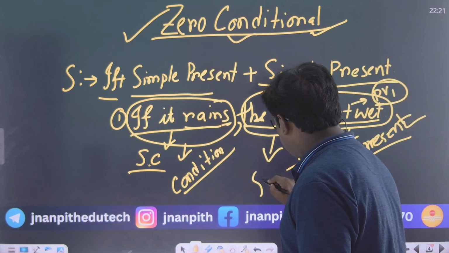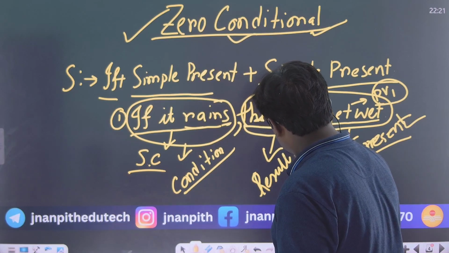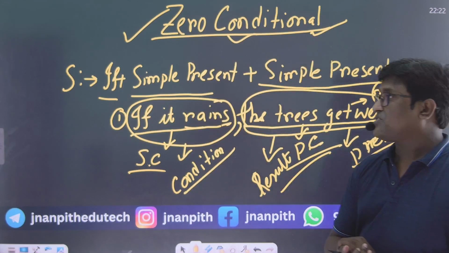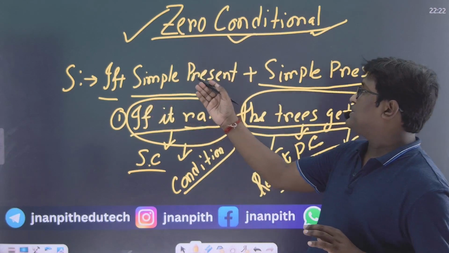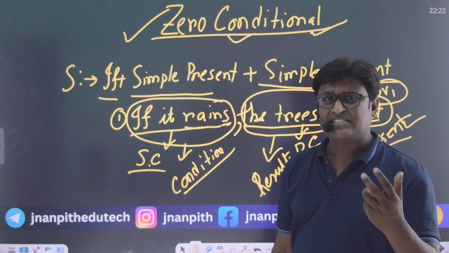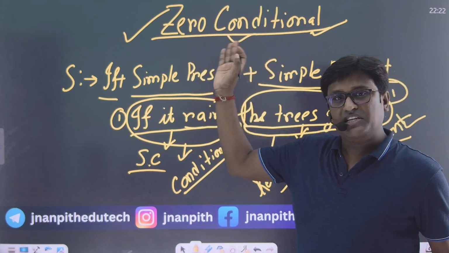It shows the result. So in zero conditionals, the structure will be if plus simple present plus simple present. No future or past tense will be used in zero conditionals.